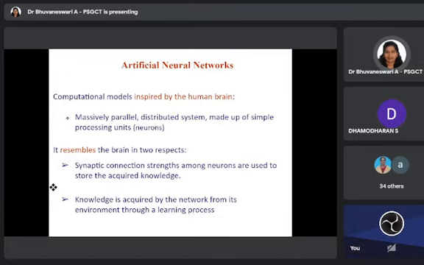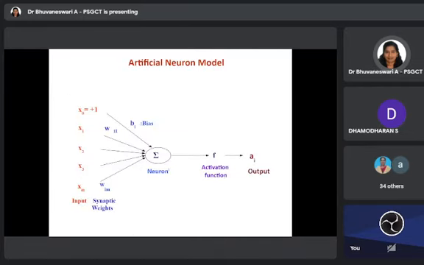So this single neuron has four major components. Apart from the input and the output, there are four main functions. One is the weight, second one is the bias, third one is the network model, then you have the function which is called the activation function, then the output.